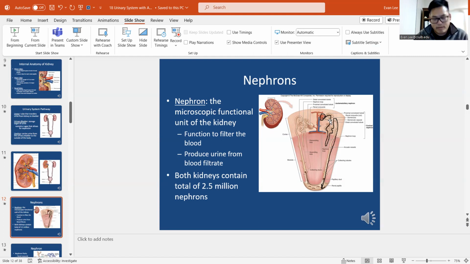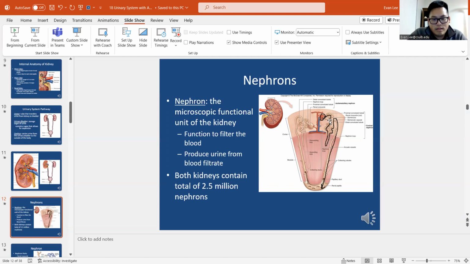But just to give you the scope of what the kidney does and what the nephrons do: first of all, you can see two nephrons here, but in each kidney there's about 1 to 1.25 million nephrons. That means in both of your kidneys, you'll have about 2.5 million nephrons collectively.